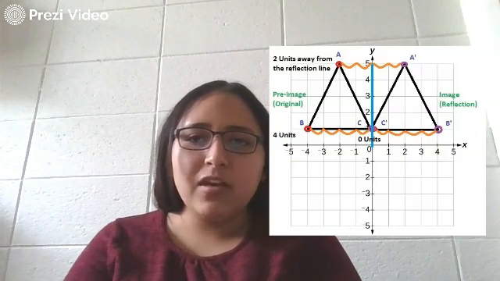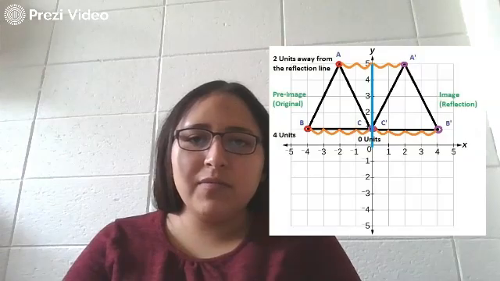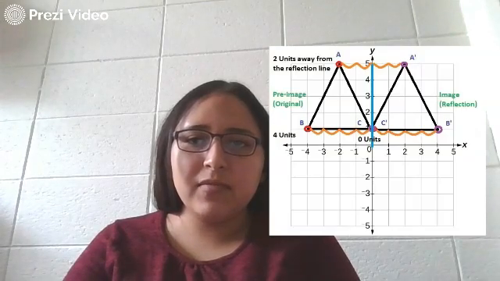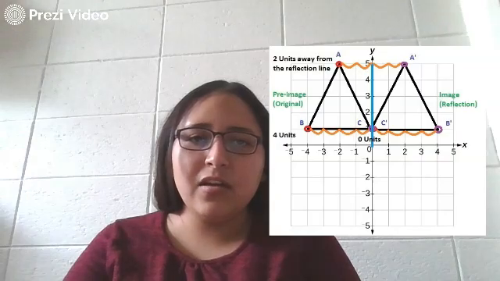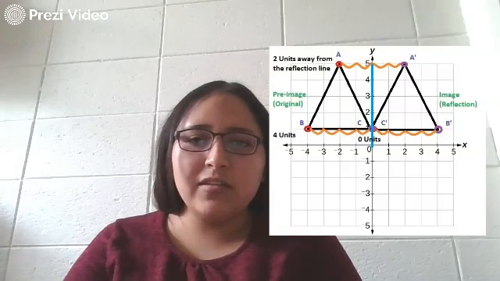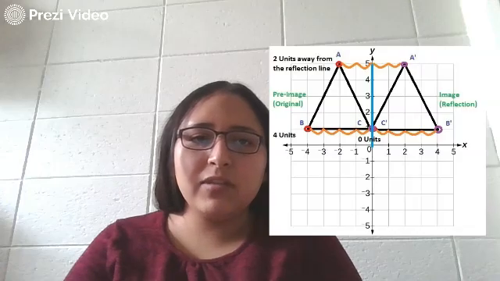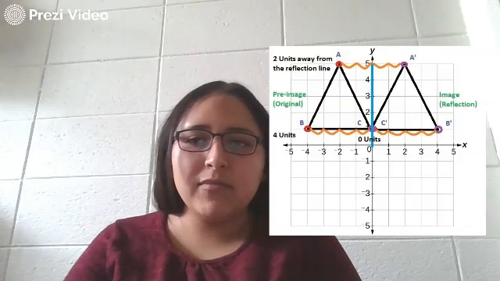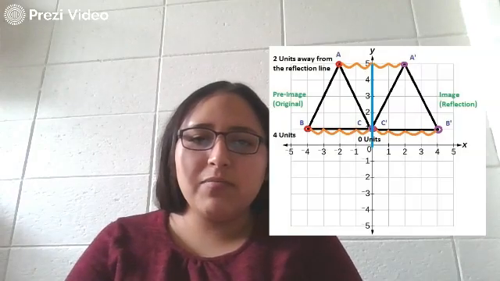For example, point A is 2 units away from the line of reflection. Therefore, you count 2 units on the opposite side of the line, and that is where your reflection point is located. The reflection points are typically labeled exactly as the original point, but with an apostrophe next to it. So in this case, the reflection of point A is labeled A prime.